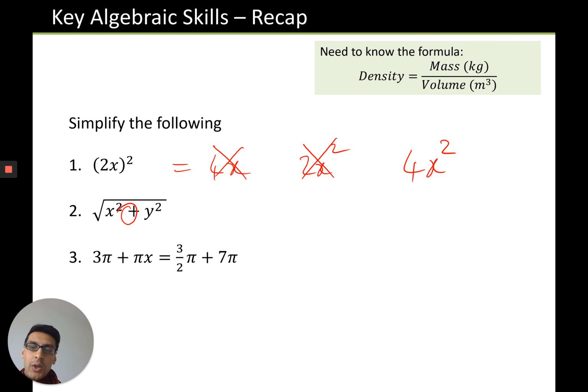And then question 3, to simplify it, you're actually solving it. You take out a factor of pi on both sides, or you can just cancel it straight away. In this case, I'm going to take out a factor of pi, although you can just cross them out. So here you go.